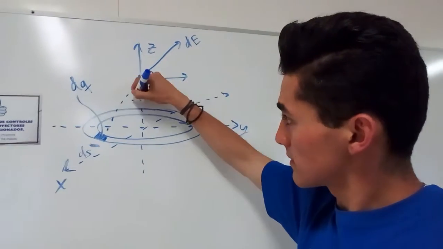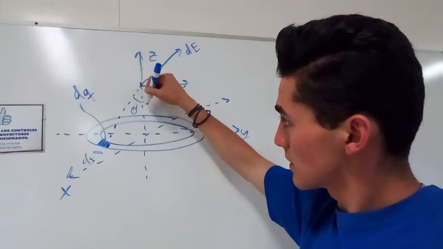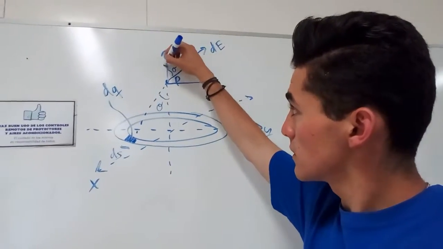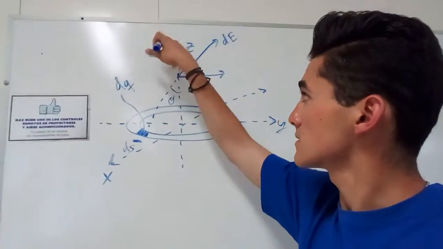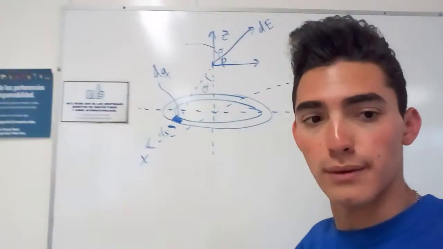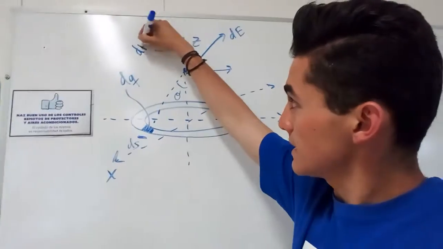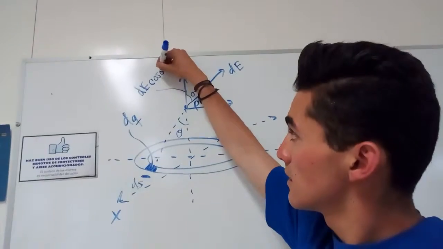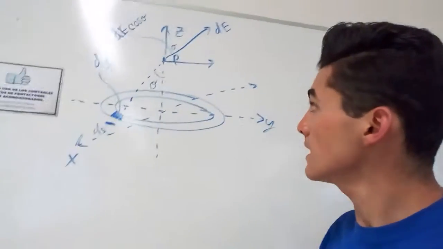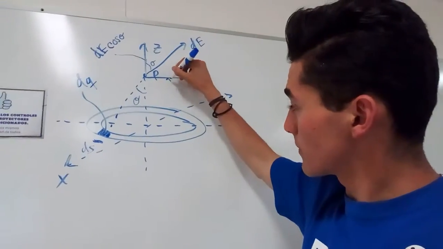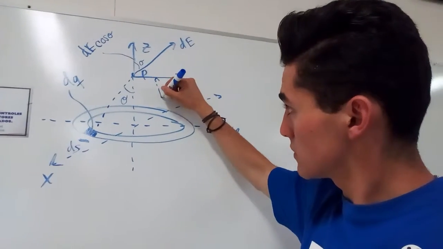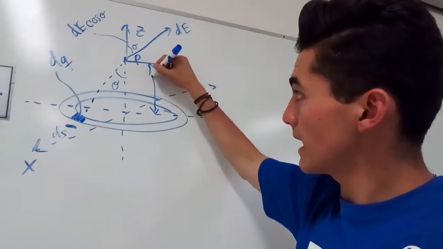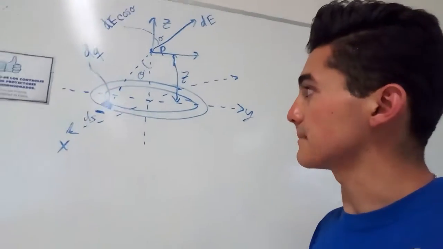and we know that this angle is theta, so here we will also have theta, so this component will be equal to dE times the cosine of theta. Okay, and we know that from the point P to the y-axis we have a distance c.